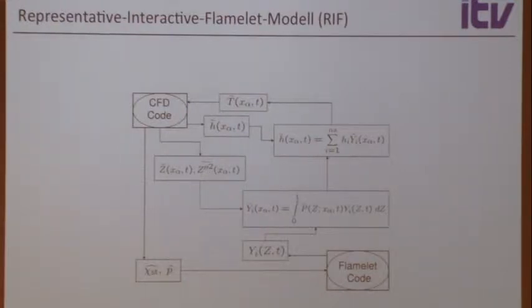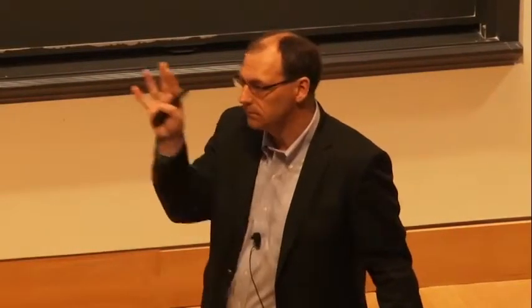And so the way we do this then is rather than solving one set of flamelet equations at each point in the flow field, what we do is we assume that the dissipation rate as function of mixture fraction is the same everywhere in the engine. Okay?